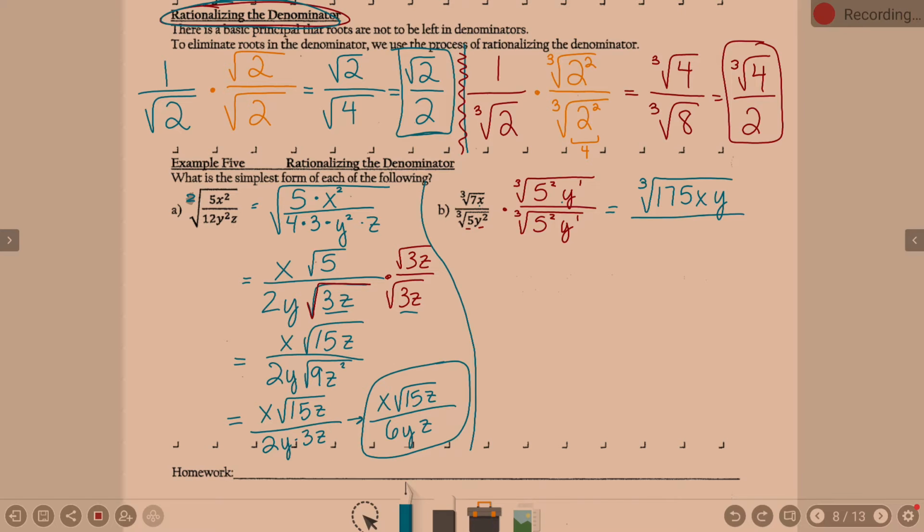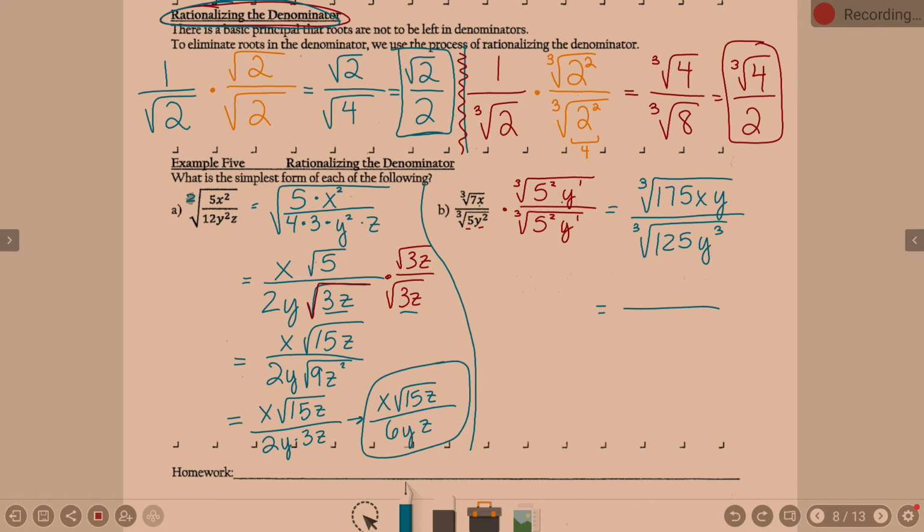Now, denominator. Cube root of 125 y to the third. Cube root times cube root, so multiply 5 times 5 squared. So 5 times 25 is 125. Y to the second times y to the first: y to the third. On top, 175.